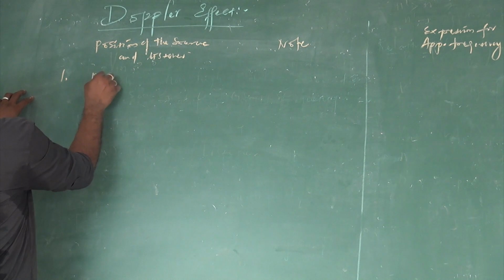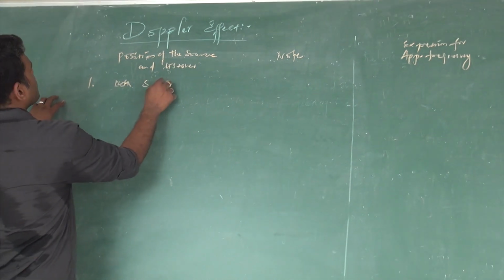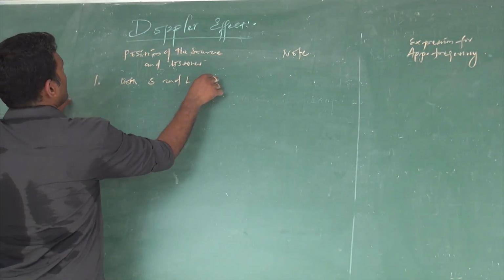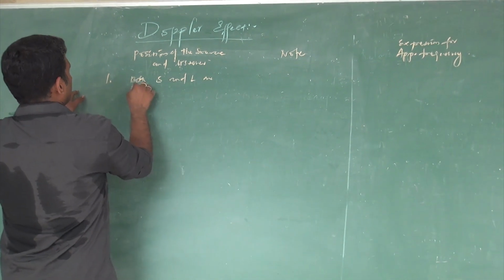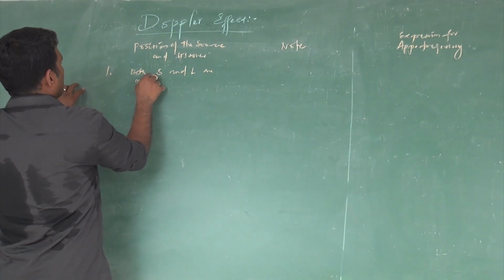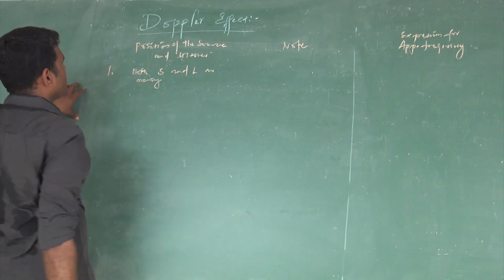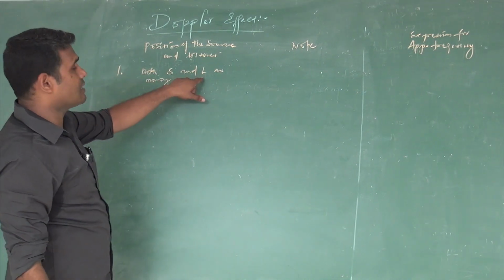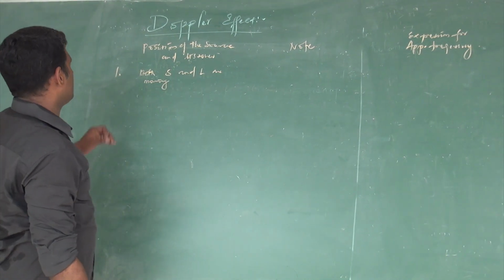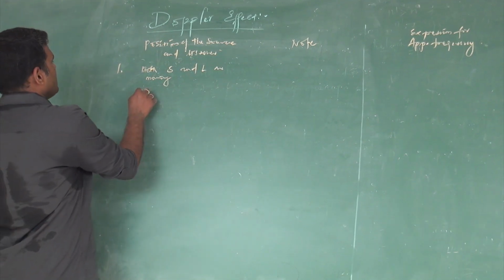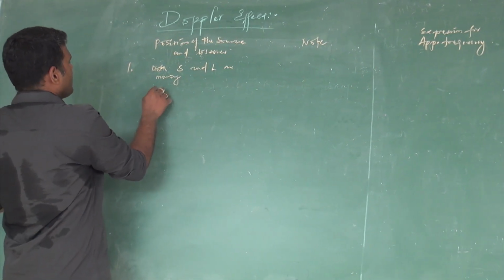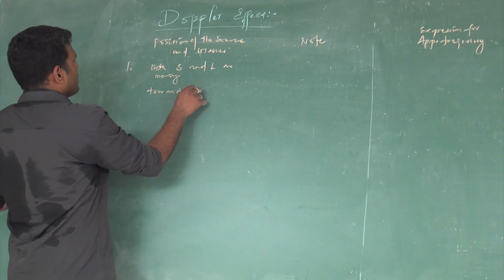First case, you can write both source S and listener L are moving. Both source and listener are moving. In this particular case, the source and listener are moving towards each other.